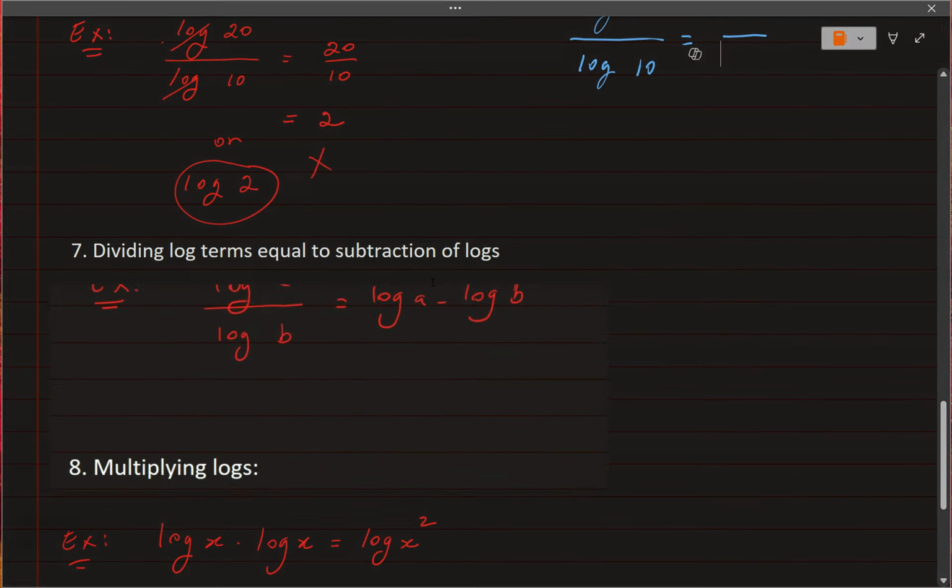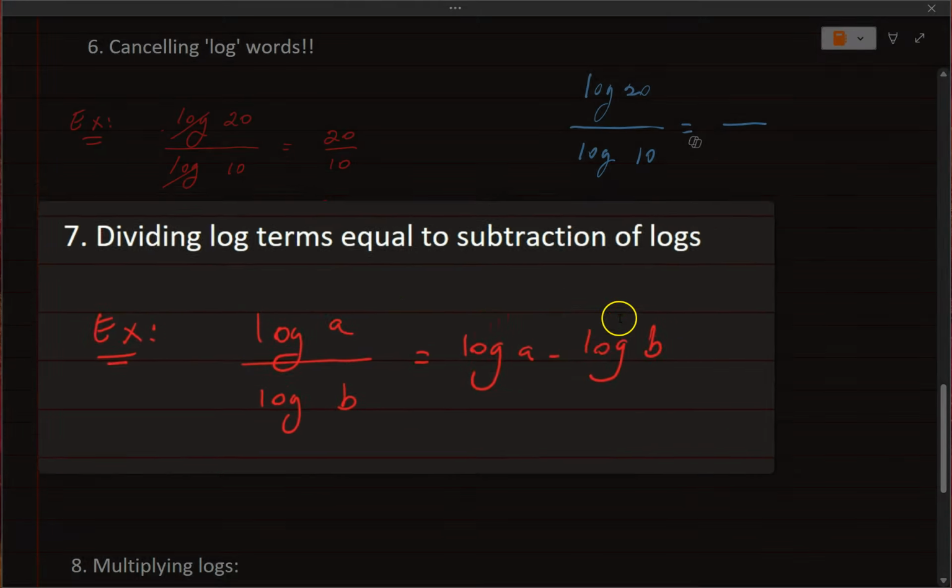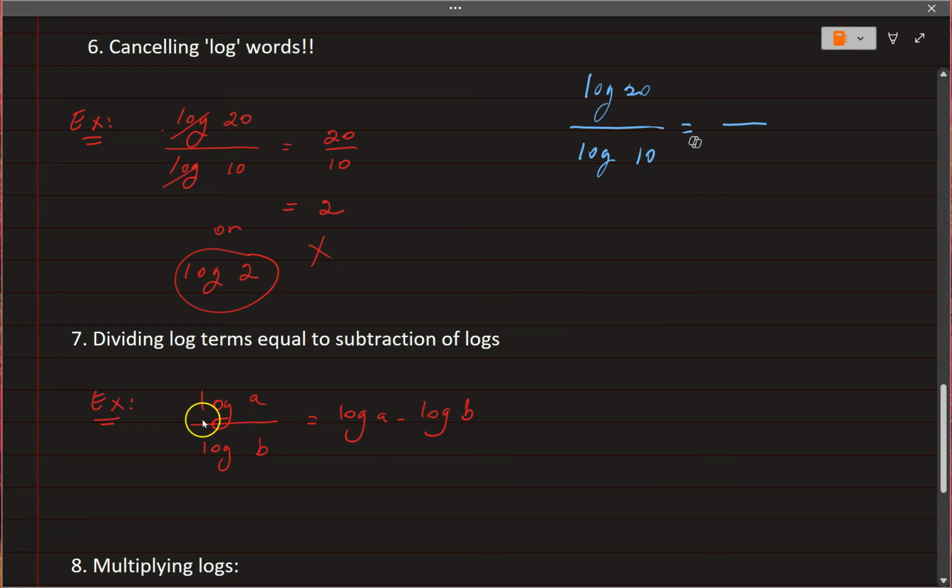All right, number 7. Dividing log terms equal to subtraction of logs. So log of A divided by log of B, same as item number 6 to avoid.